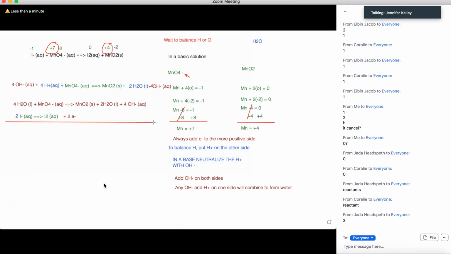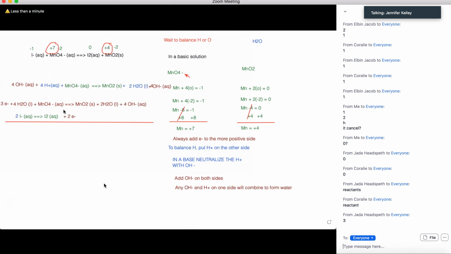But we can't add them together just yet. What did I do with my electrons? They're gone. Let me put the electrons back. I must have accidentally erased them. Sorry about that. There they are. They're back now.